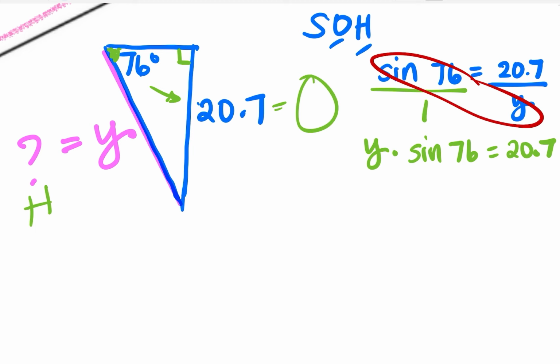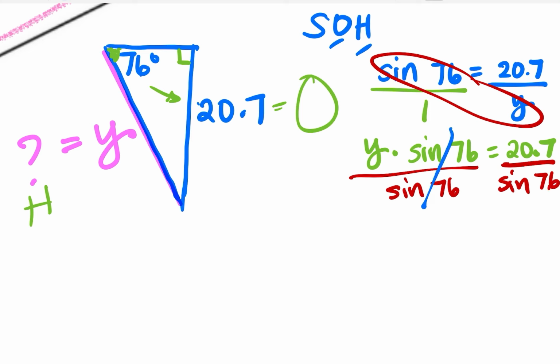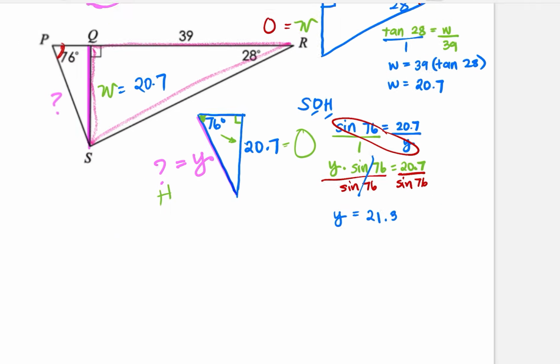I want to get the y by itself, so I'm dividing both sides by sine 76. So this crosses out, which will leave me with y, the unknown, and this will be equal to 21.3 if we're to use tenths place.